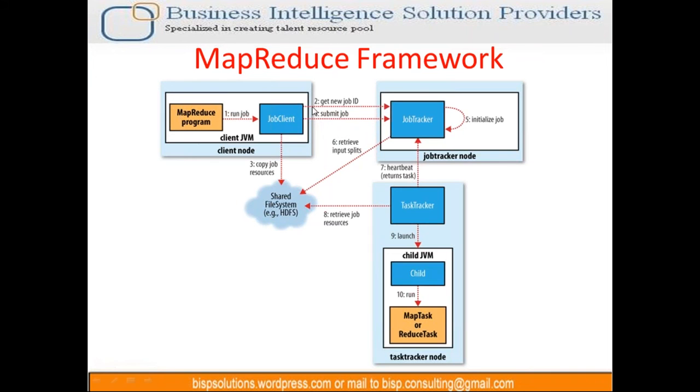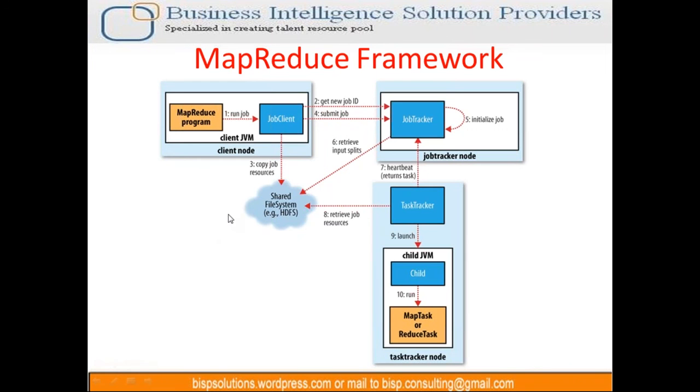Then the third step is copy the job resources. So this program, along with any additional information required, will be copied on the HDFS. It's going to create a directory with the job ID in the HDFS, because HDFS is a shared file system.